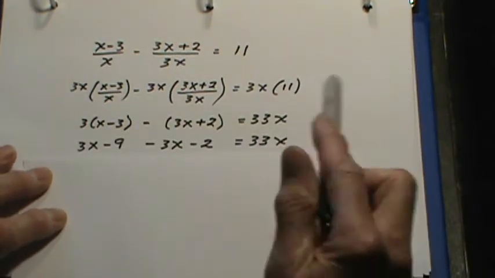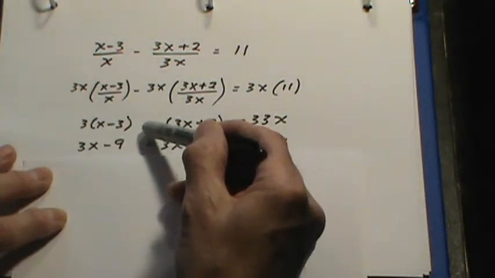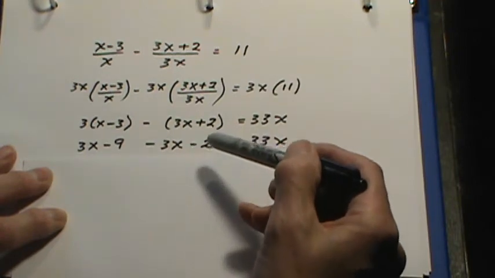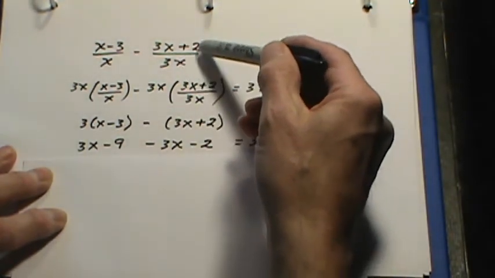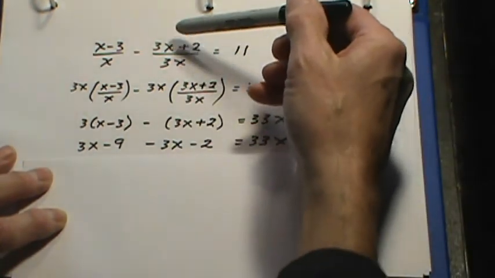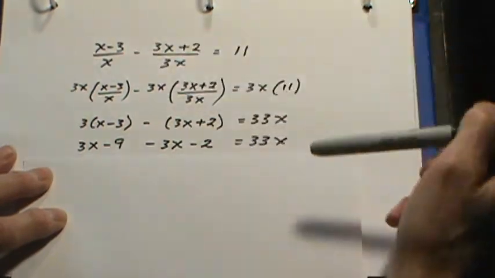Now I'll simplify by bringing the 3 into the bracket. Don't forget to bring this negative into the bracket as well. Whenever I used to mark these, when I had a class of papers to mark, if I had a question like this, the most common error I found was always that sign right there, because there were 2 terms on top of that bracket.